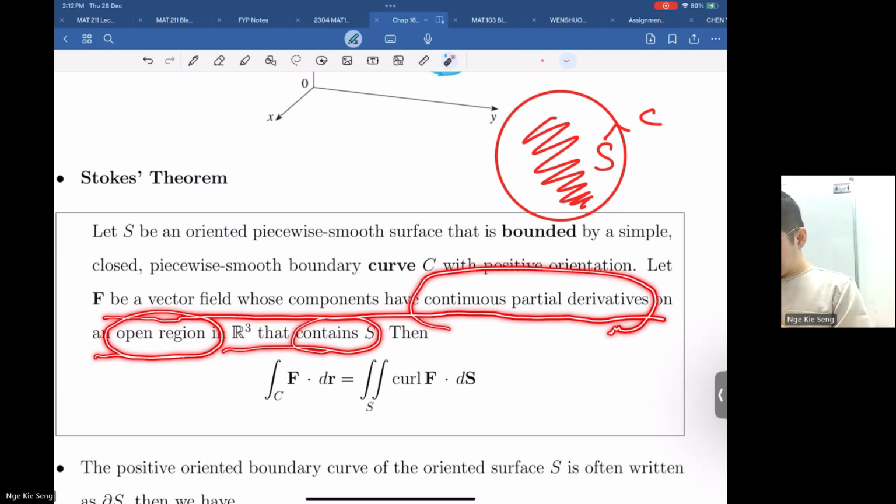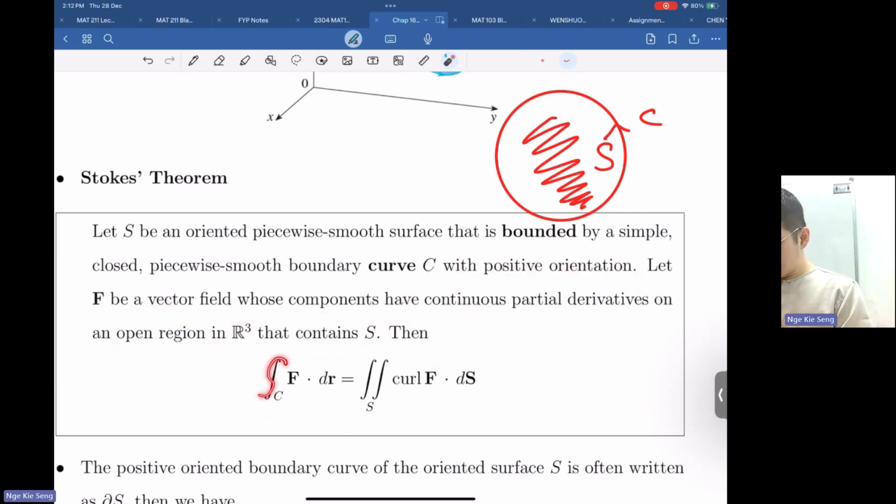Let's look at the statement here. The line integral over C. C is a closed loop, so this is a loop integral of F dot dr. This is force times displacement, so you get the work done.